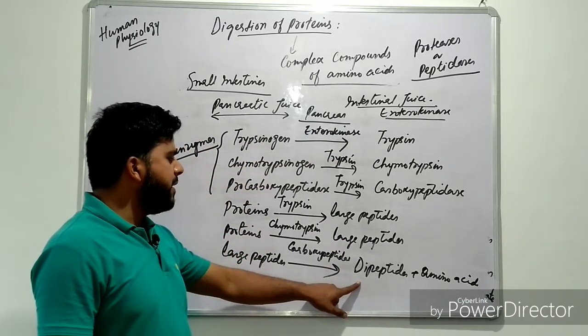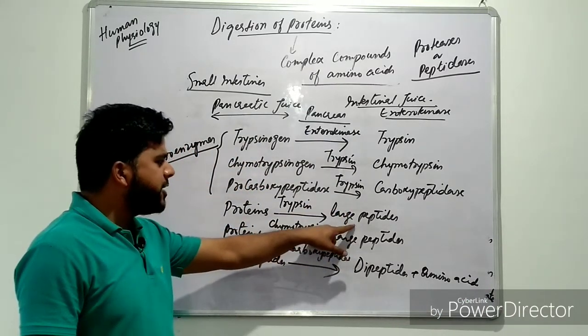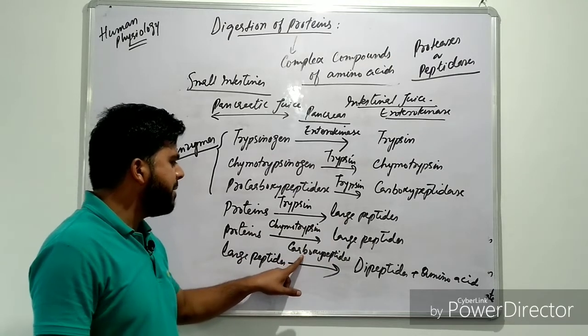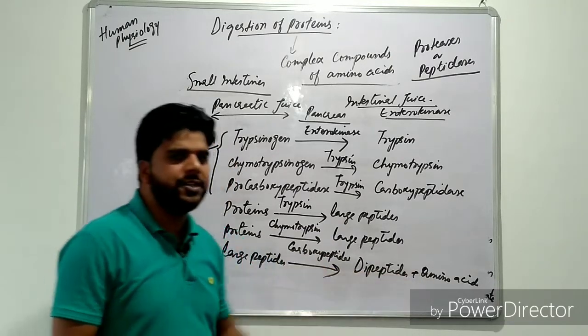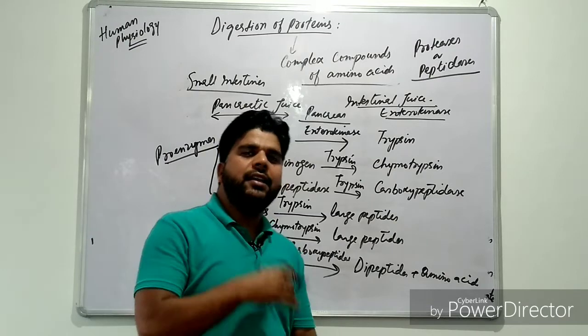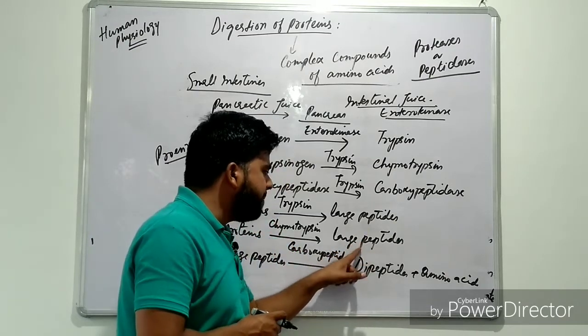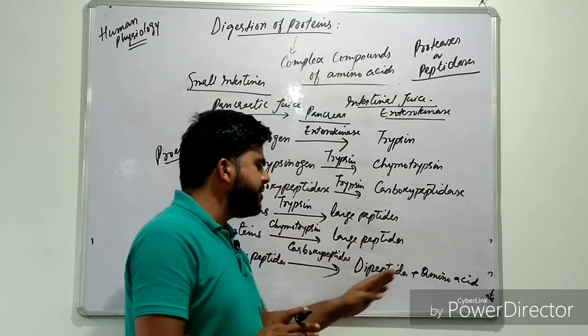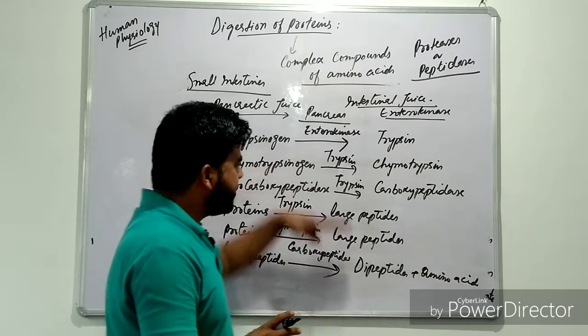But remember that not all the large peptides are converted by carboxypeptidase into dipeptides plus amino acids. There is still a larger proportion of the large peptides which are not yet converted into amino acids.